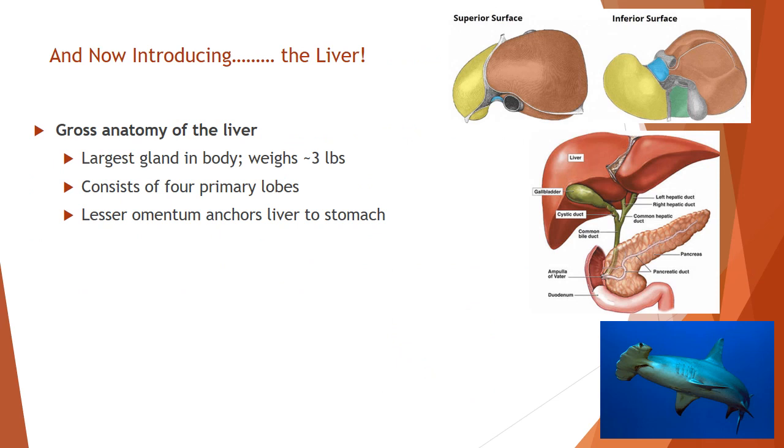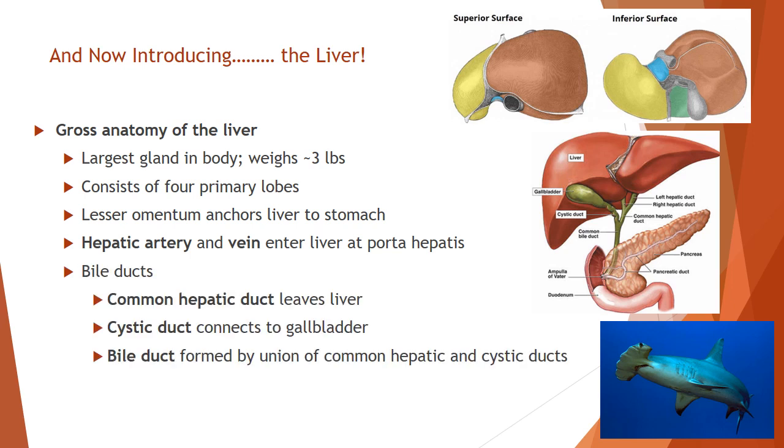So with the liver, let's look at this thing. It's the largest gland in the body, and it weighs about 3 pounds. That's a heck of a liver. We've seen the livers in animals, right? They're huge. There are 4 lobes to it. There's the omentum that connects to the stomach. Some arteries and veins enter the liver at specific spots. Then you also have the bile ducts.